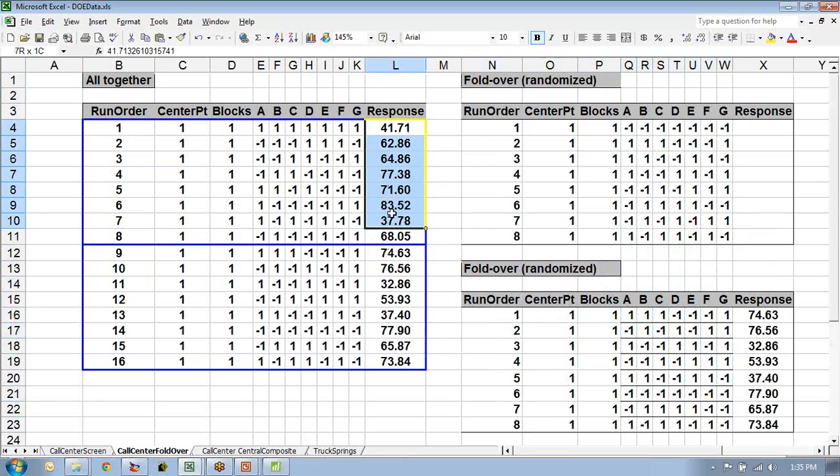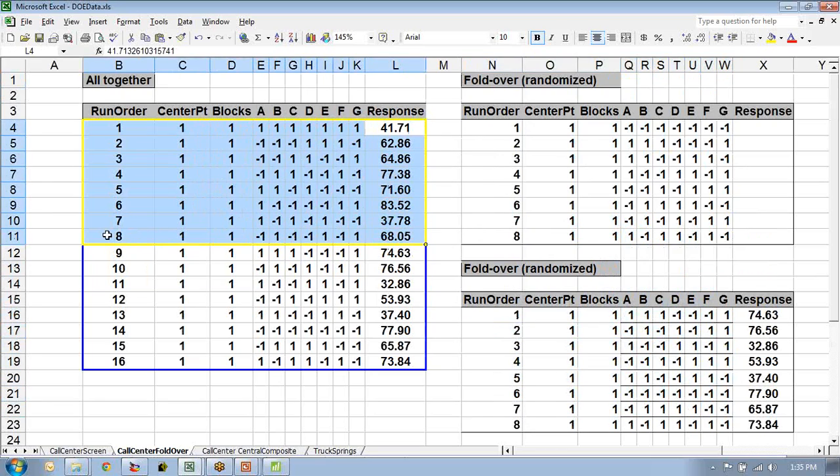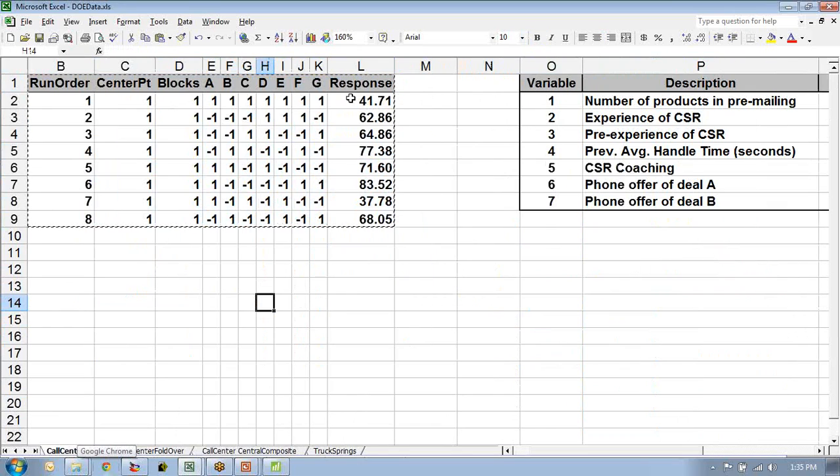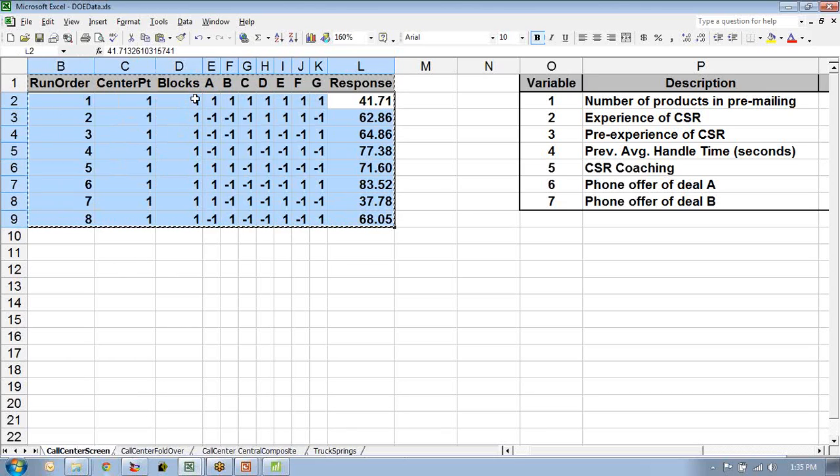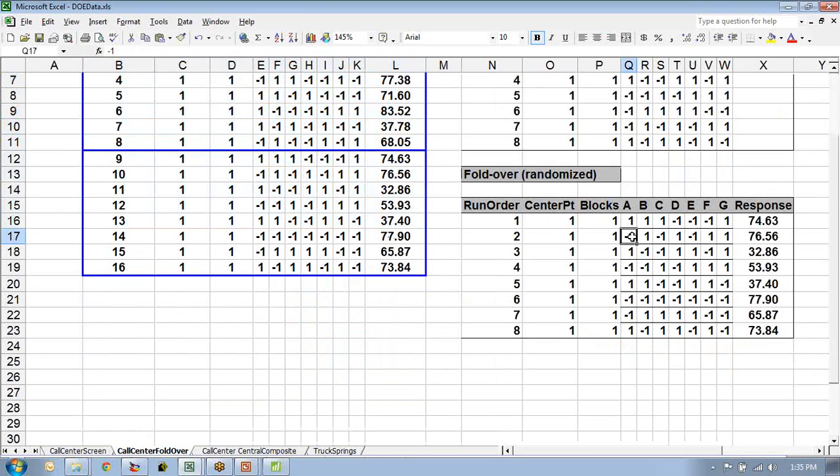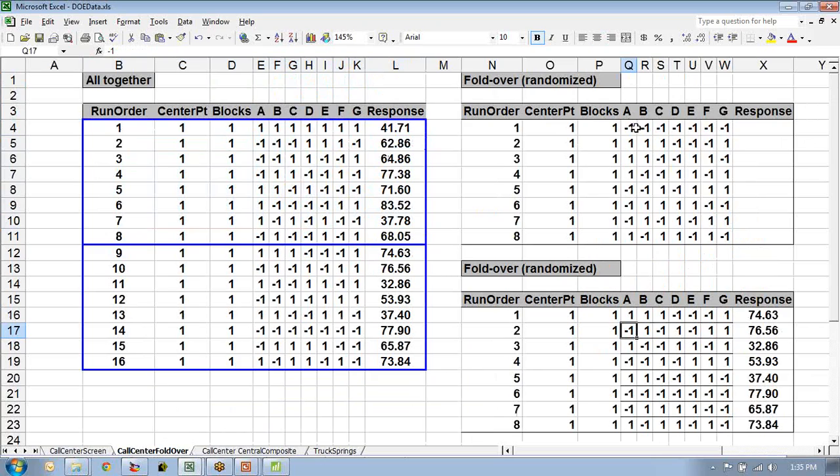Now remember, we already had our responses from the previous call center screen, 1 through 8. So essentially I'm just changing all the +1s to -1 and all the -1s to +1. I've just repeated it there so that you can tell the difference. If we've already run this, we simply then run this right here, with all the -1s changed to +1 and all +1s changed to -1. That's how we make up the next 8 in the block.